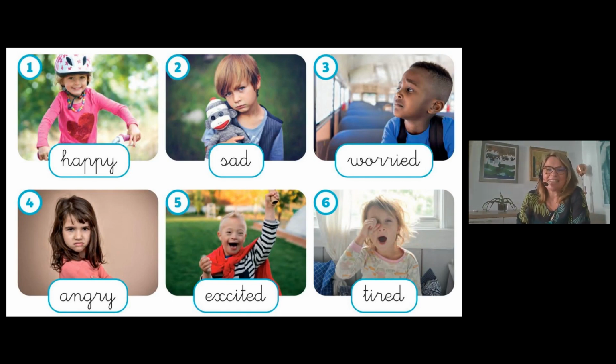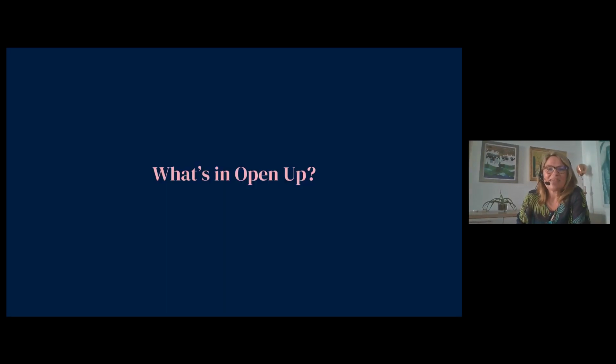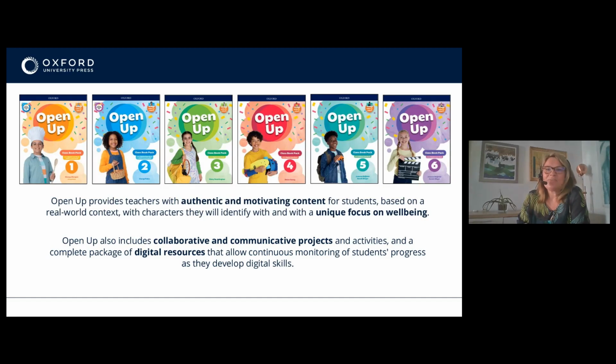So let's get started. What's in Open Up? Well, Open Up is, as I said, a brand new 6-level course for primary, and it provides teachers with authentic and motivating content for students. It's based on a real-world context with characters that students will identify with, and it also has a really unique focus on well-being.